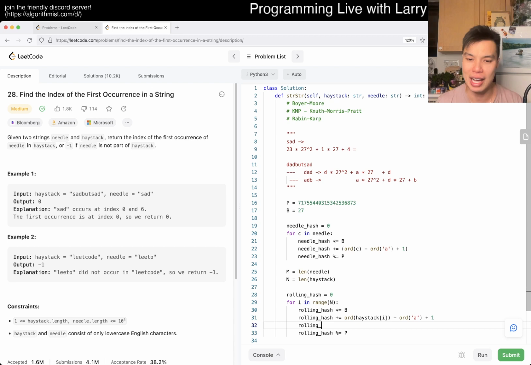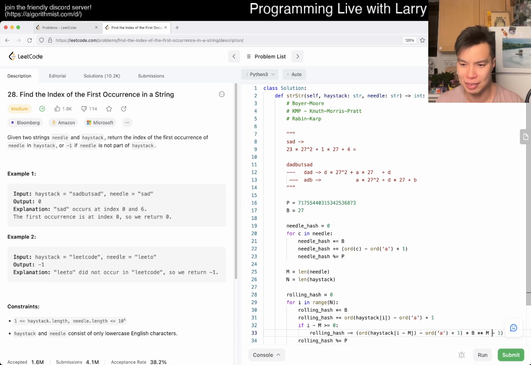So rolling hash minus basically same thing here, except for now it's i minus m, because that's the character that got rolled off. Of course, we should add a check if i minus m is greater than 0, and then it's this times base to the power of the length, so like m minus 1.